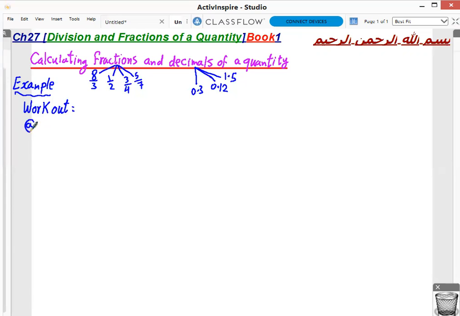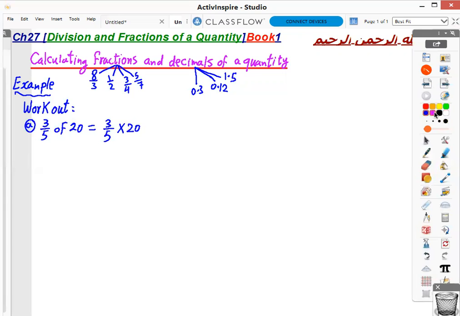Then, about our example, work out 3 over 5 of 20. How to calculate it? You can do it in two methods. First, you take 3 over 5, and instead of the word of, you put multiply by 20.